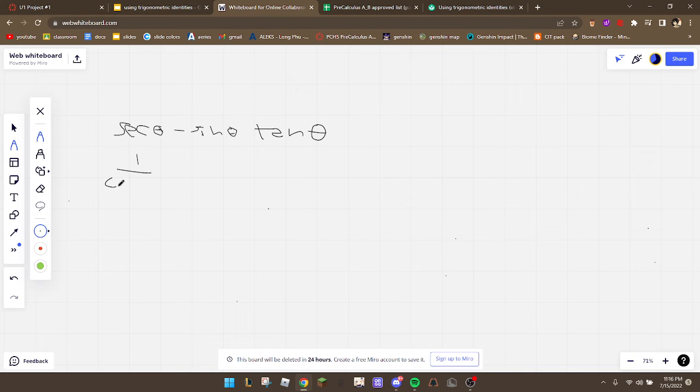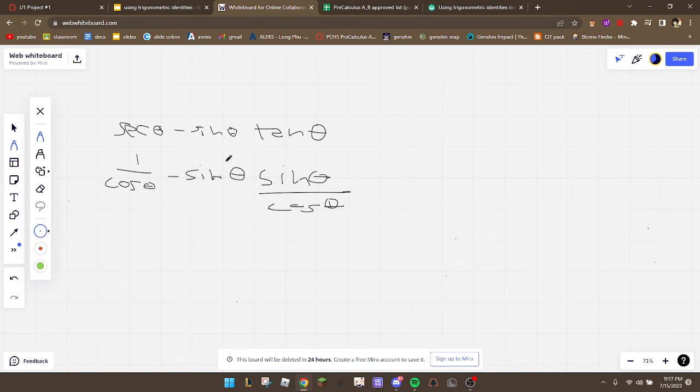So 1 over cosine theta subtract sine theta and sine theta over cosine theta. We did that because there was a minus here and we needed to find a common denominator. And since we know sine theta doesn't have anything in relation with secant theta, but tan does, and we're multiplying these two.